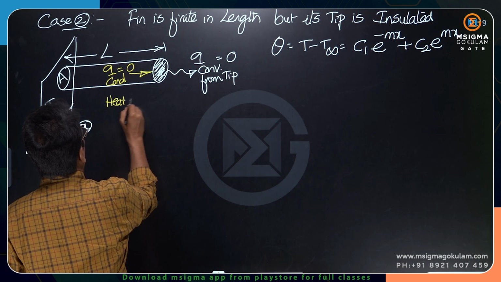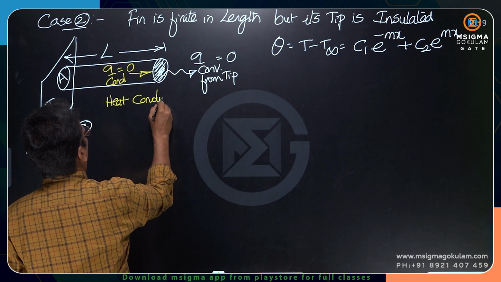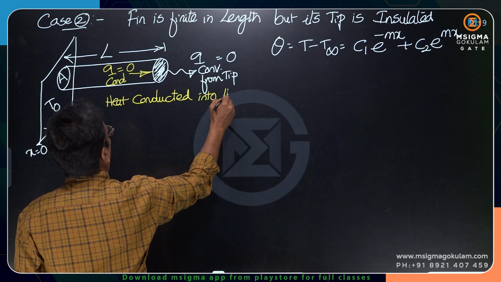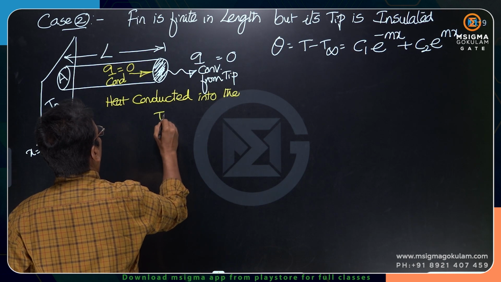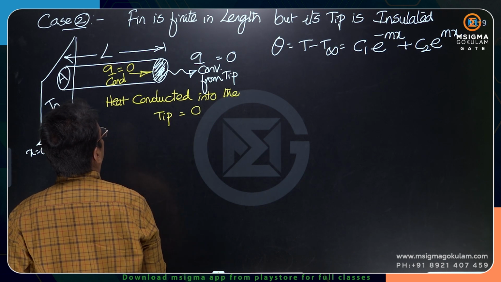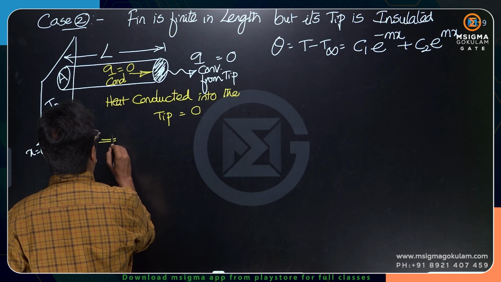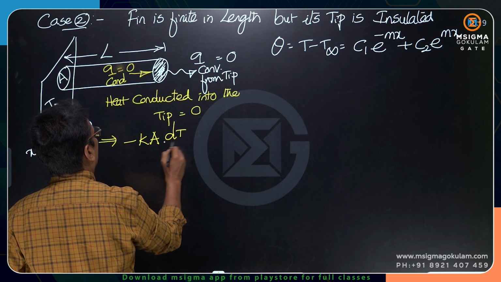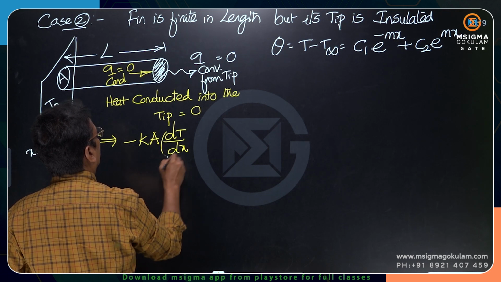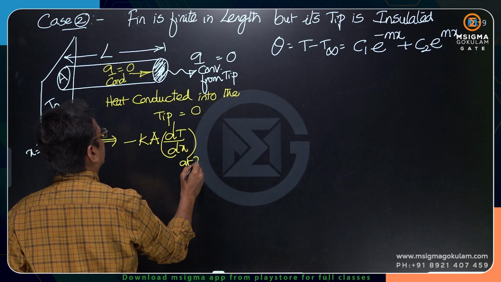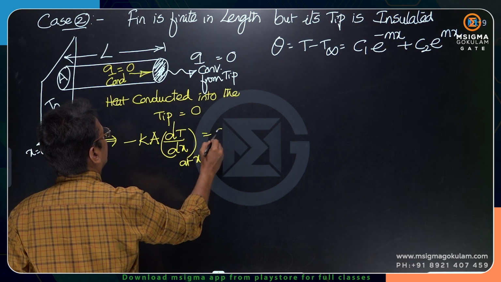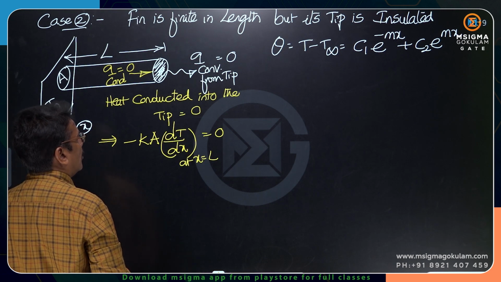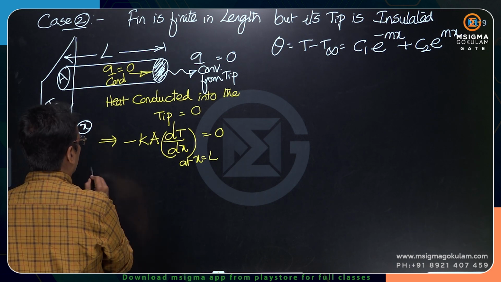Heat conducted into the tip is equal to 0: minus kA dT by dx at x is equal to L is 0. k cannot be 0, A cannot be 0.